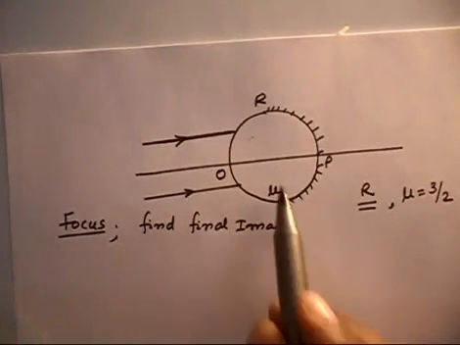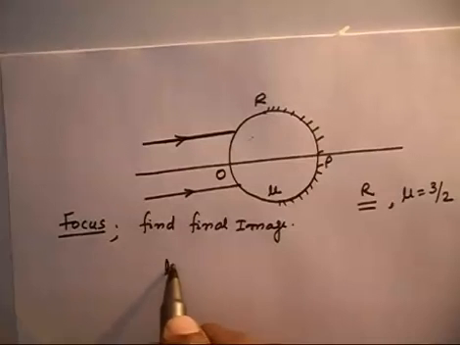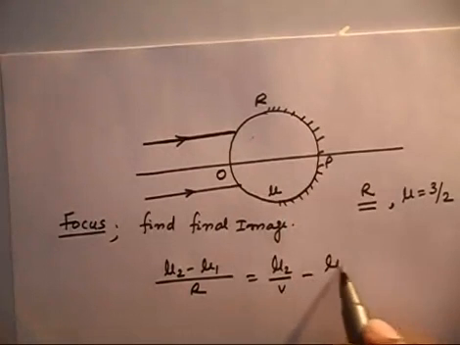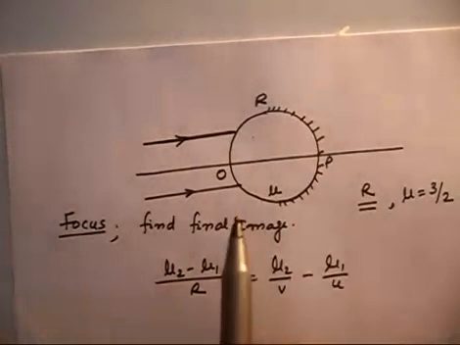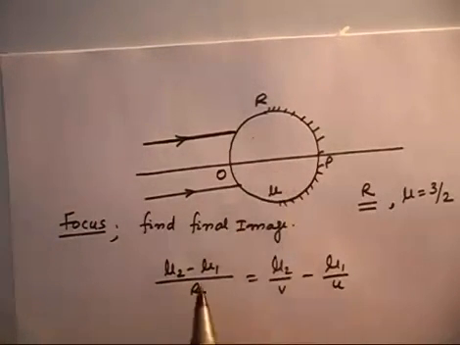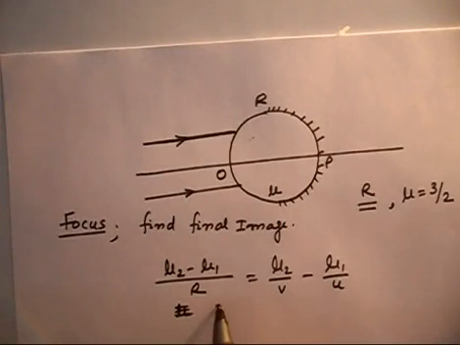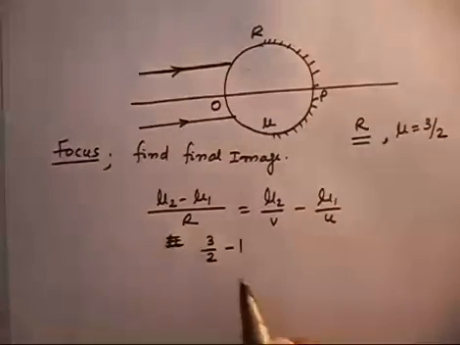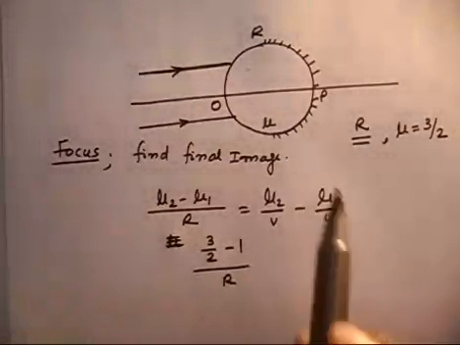So let us see the first surface. I can apply mu2 minus mu1 by R is equals to mu2 by V minus mu1 by U. Now this surface has refractive index mu. Let us put 3 by 2. So mu2 is 3 by 2 minus mu1 is 1, by R. Now R is positive or negative?